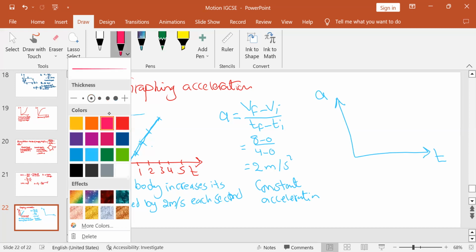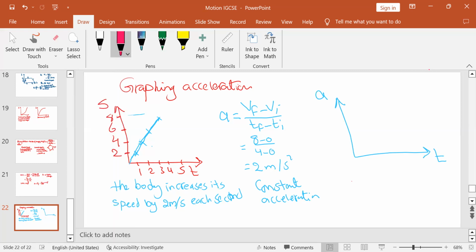Right. And I'm going to give you 3 choices and you say which one is correct. A or B or C. Which graph of these A, B, or C represents the same motion as on the first graph?